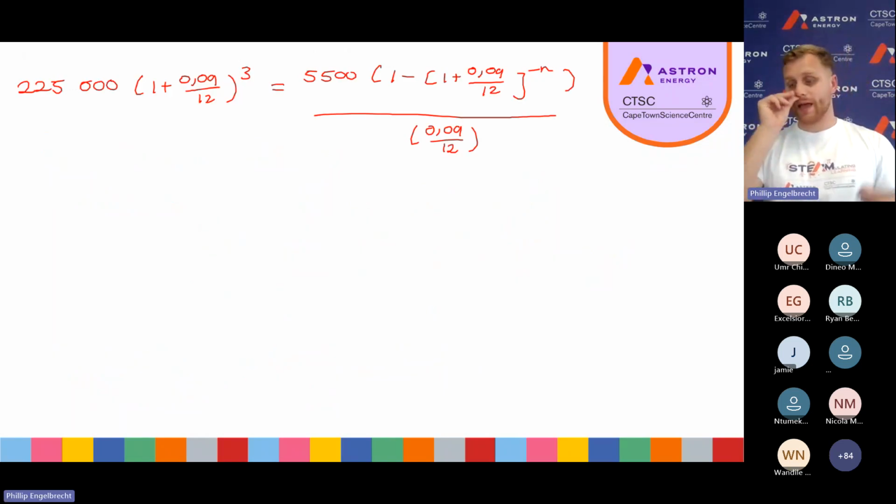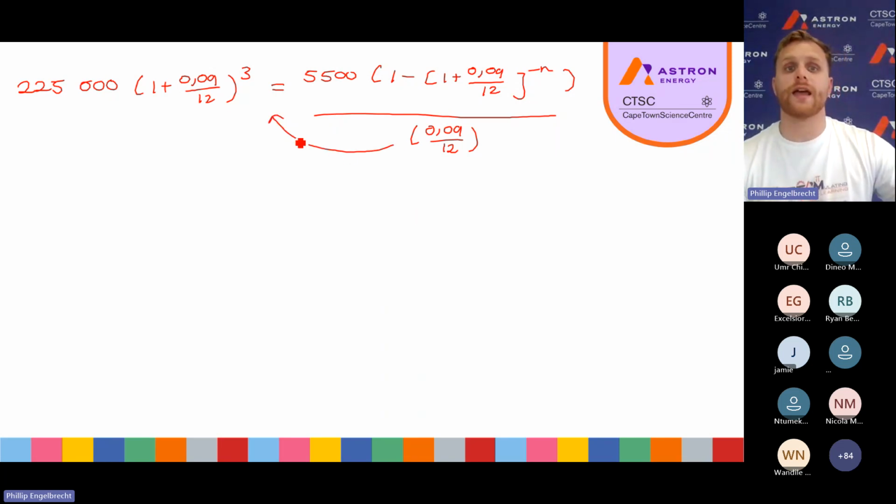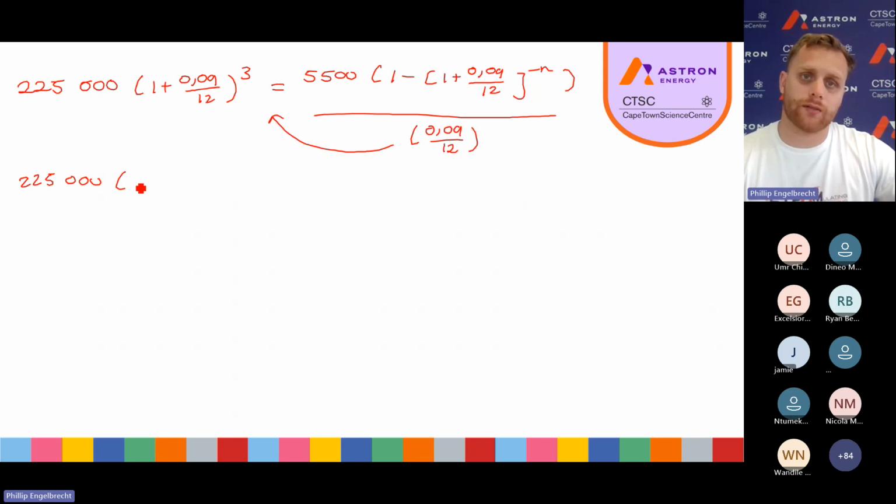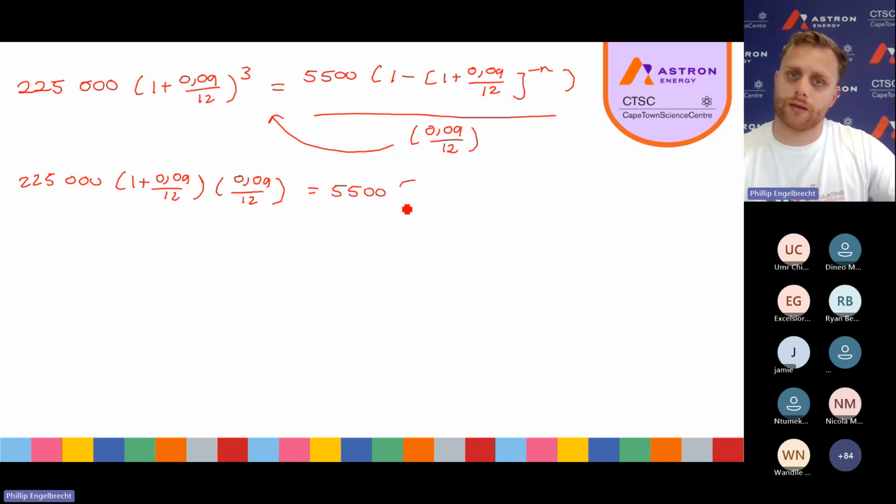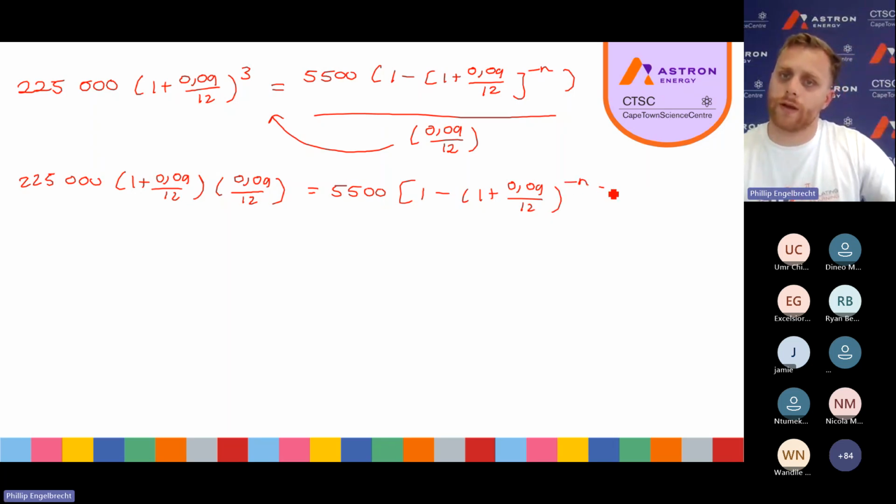Anyways, so guys, now you need to solve this. What I'm going to do is take this to that side and type this whole thing on my calculator. So this becomes 225,000 times (1 plus 0.09 over 12) to the power of 3, times 0.09 over 12, is equal to 5,500 Rand times (1 minus (1 plus 0.09 over 12) to the power of negative n).